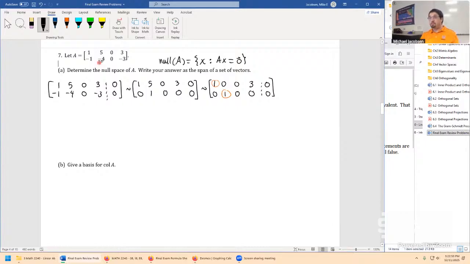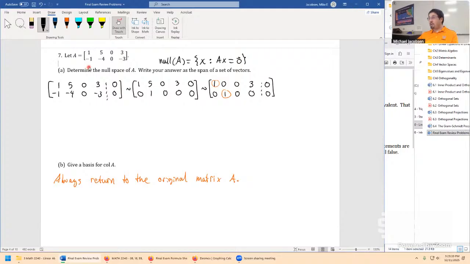So just as a best practice, let's write down a warning on this one for the column space. Always return to the original matrix A. In rare cases like this one, it actually doesn't matter because that did form a basis for the entirety of R2.